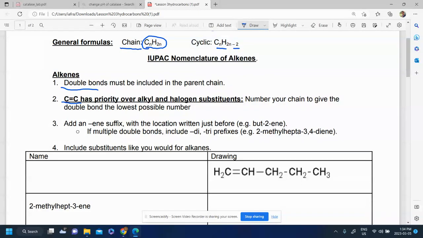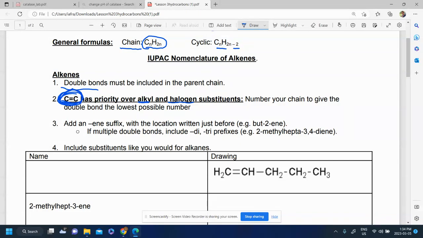So if you have a choice, for example, to give the double bond the lowest number possible or the alkyl group or the halogen substituent, you really want to go the direction that will give your double bond the lowest number possible. Ideally, everything gets a low number, but if there's a tie, the double bond wins every time over the alkyl group or the halogen.